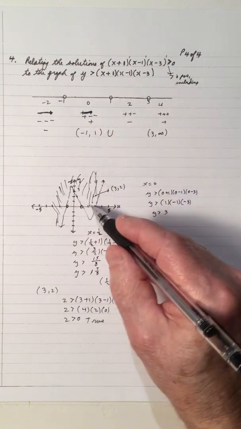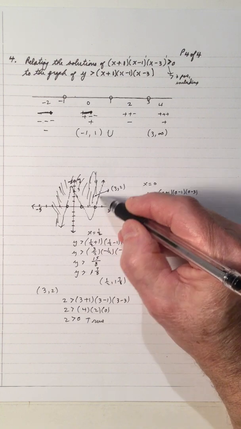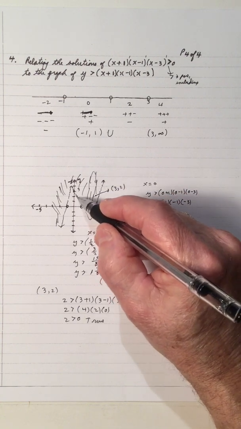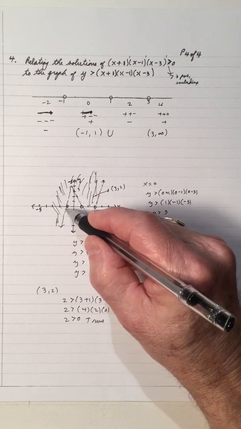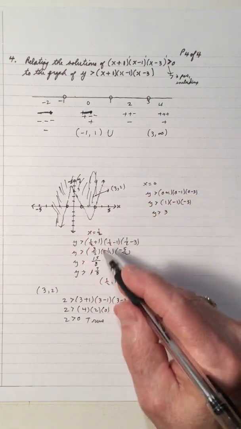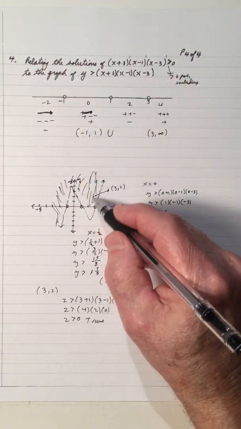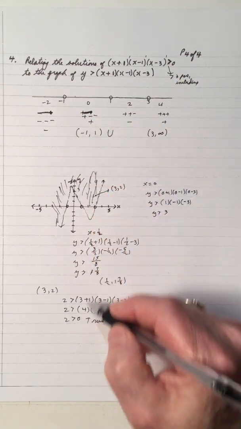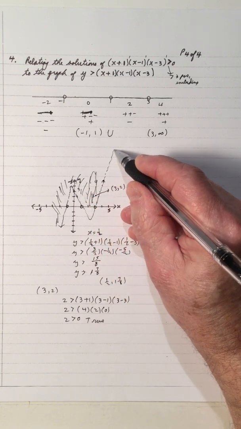In relation to the graph, the y values are positive going up here, and the y values are positive right here. The y values are negative here and negative there. I took a test point and it was on this side. So that goes up and up and up.